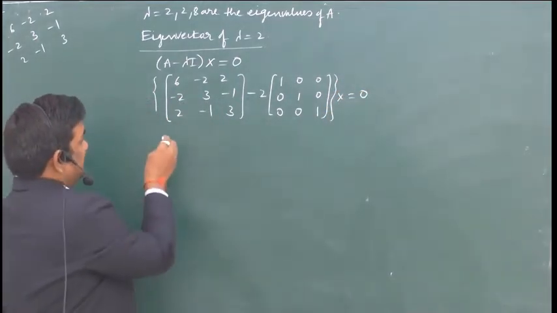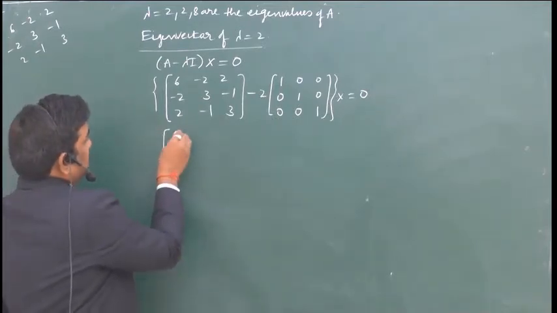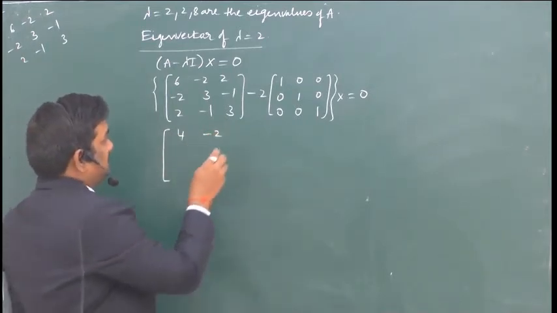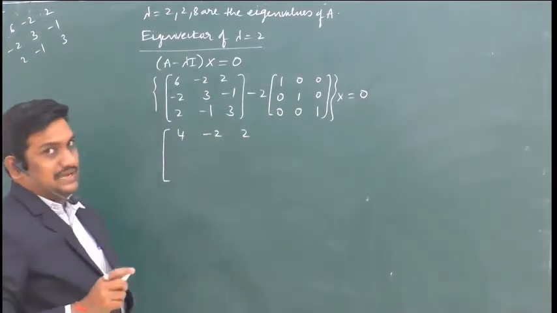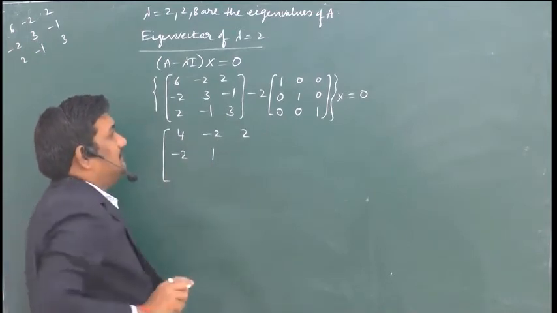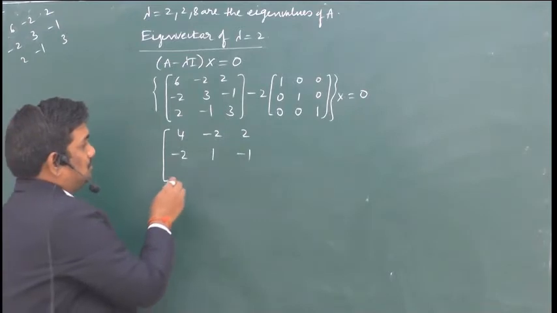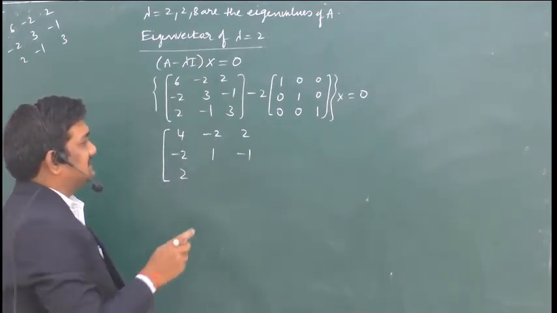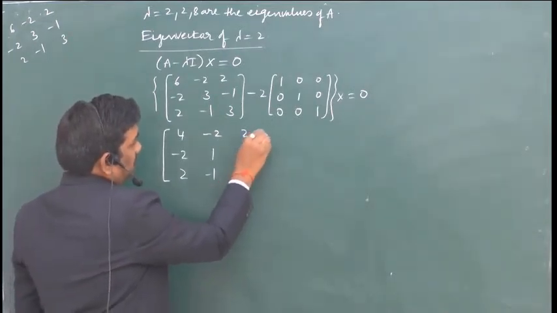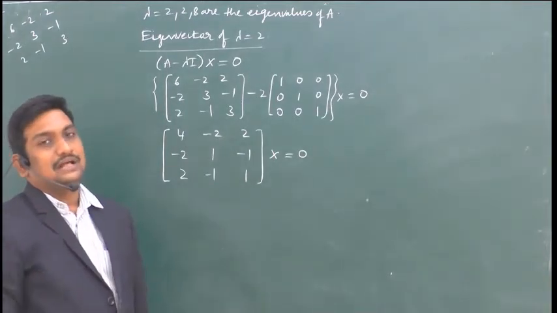Now let us subtract corresponding elements. It will be 6 minus 2, 4; minus 2 minus 0, minus 2; 2 minus 0, 2; minus 2 minus 0, minus 2; 3 minus 2, 1; minus 1 minus 0, minus 1; 2 minus 0, 2; minus 1 minus 0, minus 1; 3 minus 2, 1, into capital X equals the null matrix.